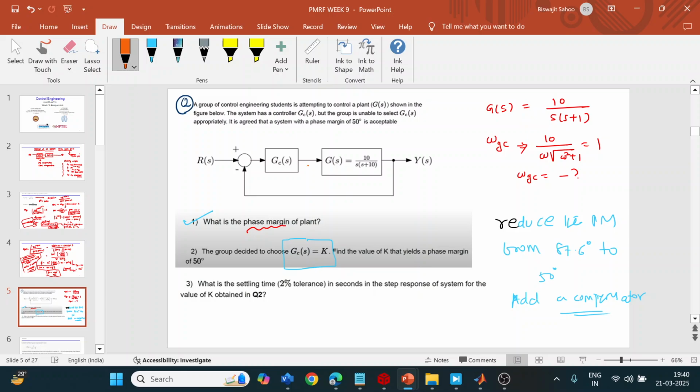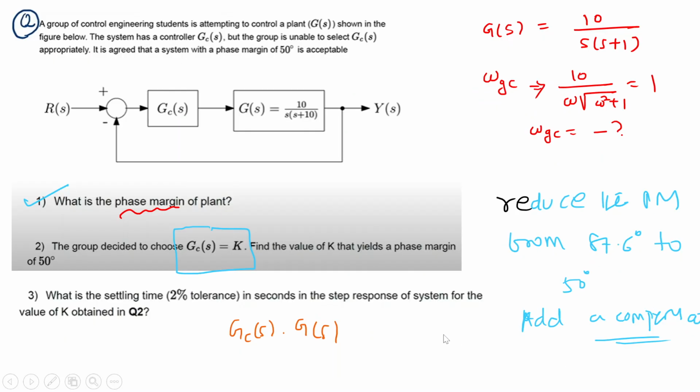If Gc(s) is only k, then the total transfer function Gc(s) into G(s) is nothing but k into 10 divided by s into (s plus 10). So now this is the total transfer function.